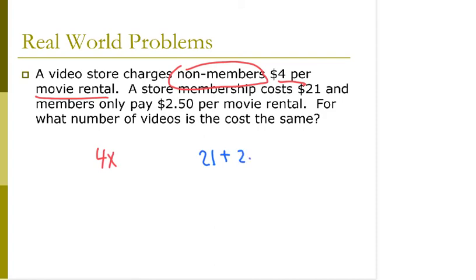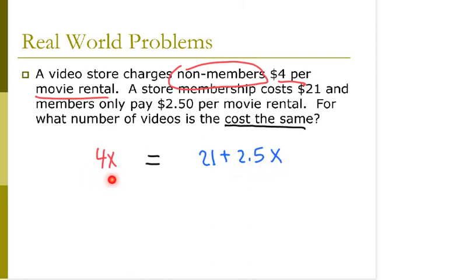We know that this has to be equal because they're asking for what number of videos would the cost be the same. So if we put these as equal to each other, now we have an equation that we can solve. If we were to solve this, then we want to eliminate the variable from one side. Remember that we're trying to eliminate the smaller of the two. So this 2.5x compared with the 4x has to go.